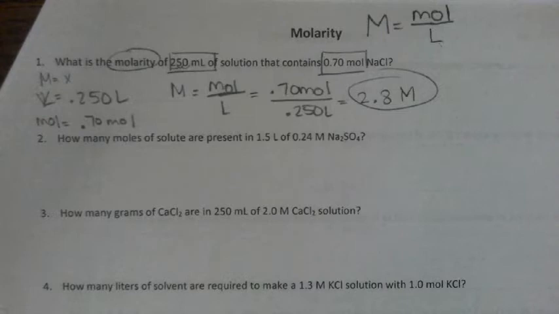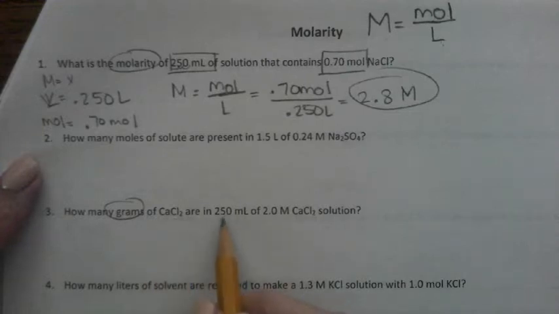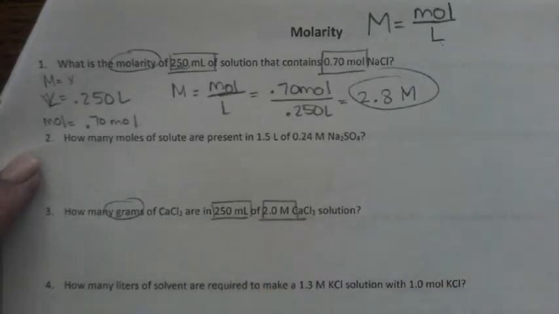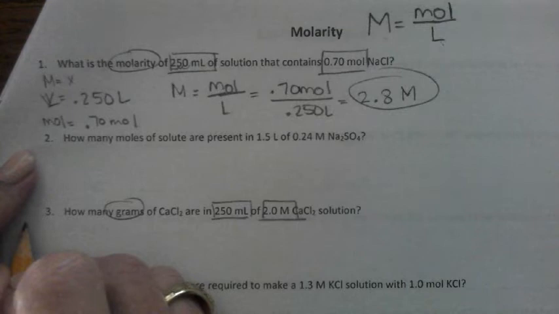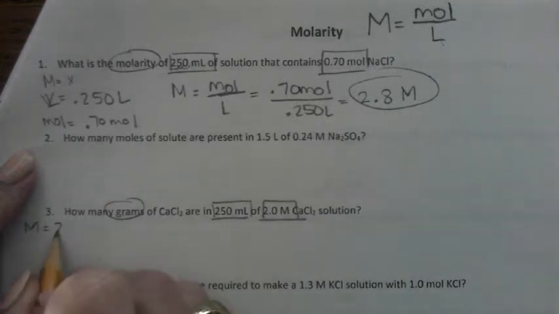All right, number 3. How many grams, looking for grams this time, of calcium chloride are in 250 milliliters of 2 molar calcium chloride solution? Okay, in this case, we're going to have to calculate moles in order to get that to grams. So let's see, molarity is 2.0.